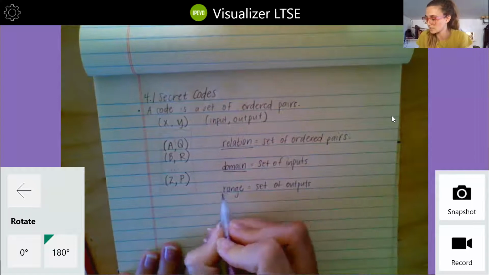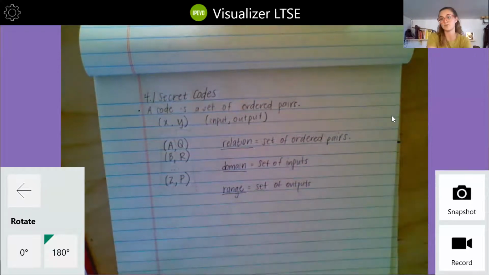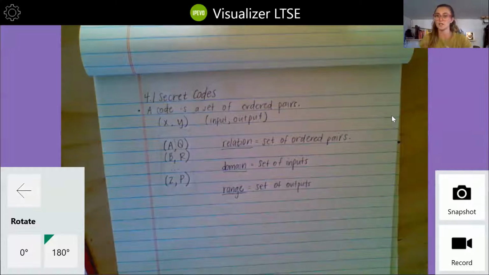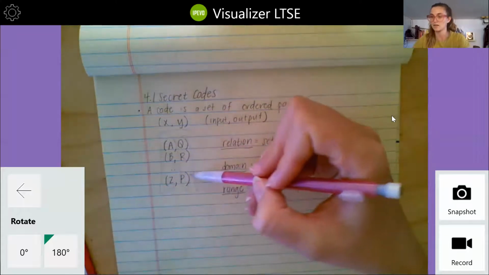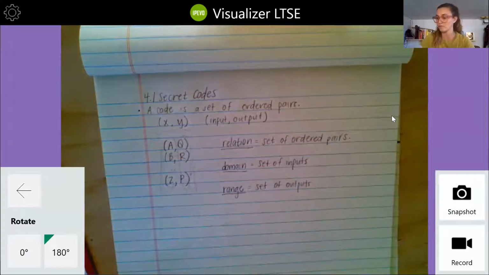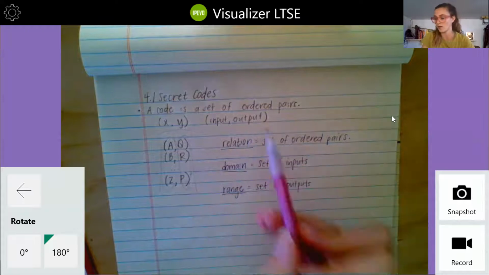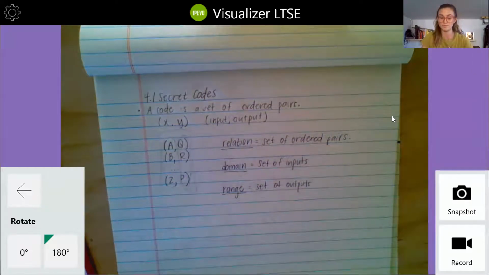I know that's a little bit confusing because we looked at a different definition of range earlier when we were looking at data, in the context of maximum and minimum. So we have to shift gears here, and think now about range as our set of outputs. So that second value written in our ordered pair, our output or our Y values.